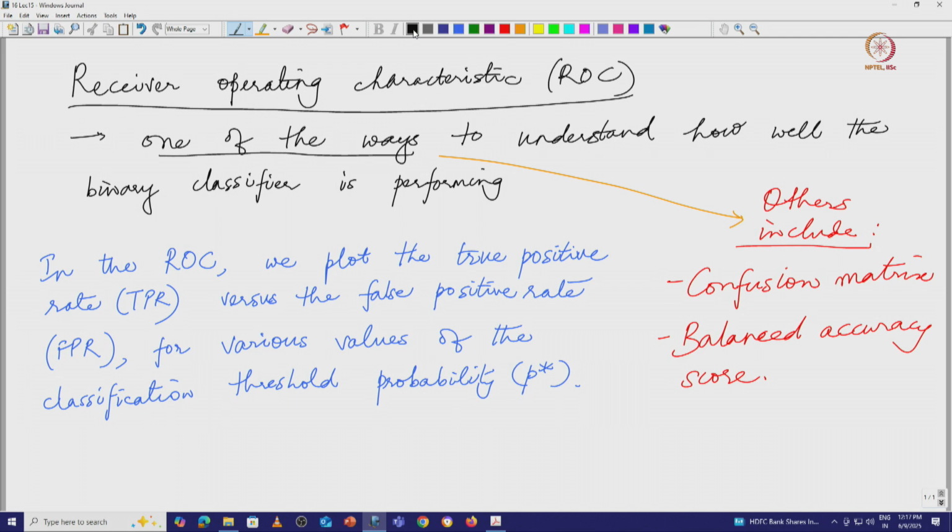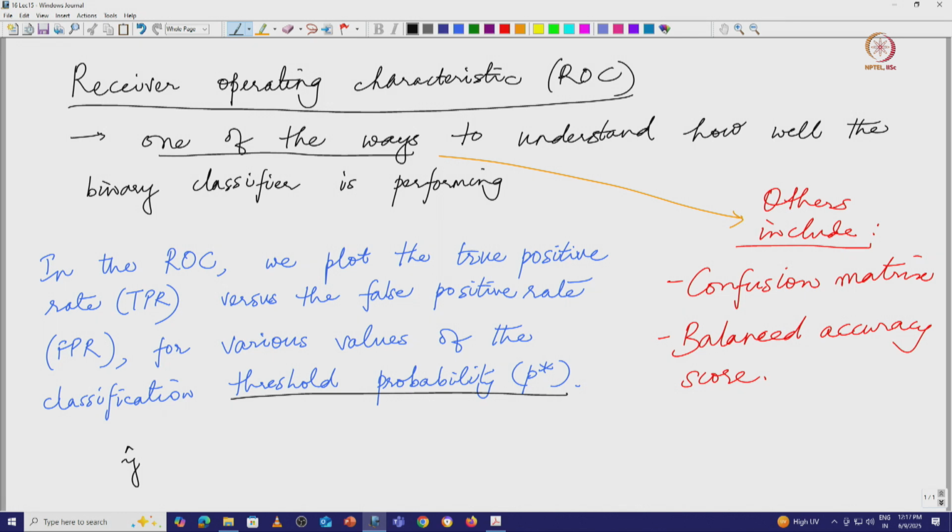If you remember, the logistic function predicts the probability of the class being 1, right, y equal to 1 or class 2, and then this probability needs to be beyond a certain threshold for us to classify it as belonging to that particular class, right. So this threshold probability is a very important number, and that determines how we assign the target variable.